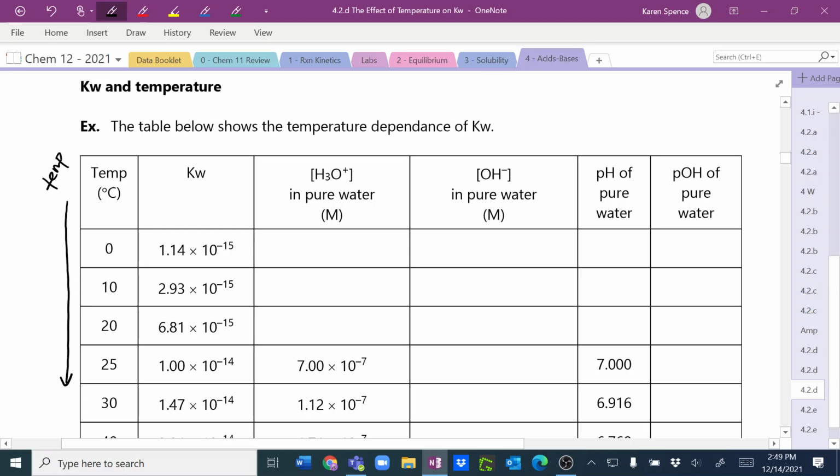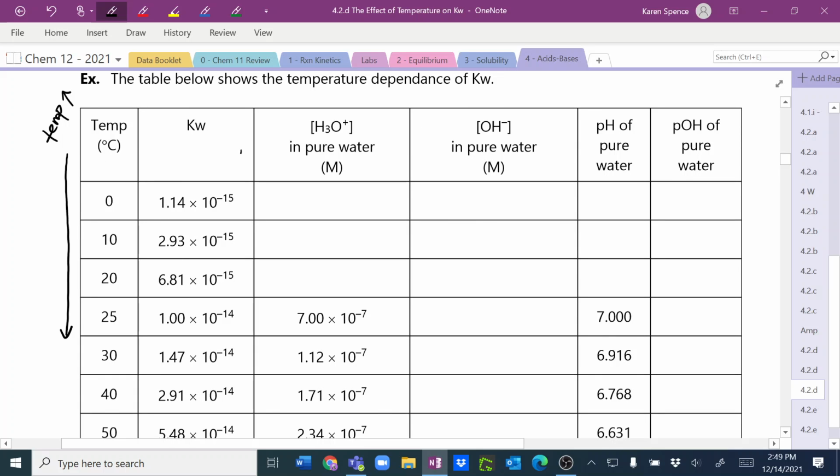Temperature is, everybody, increasing. Yes? What's happening to Kw as we go down the table? It's also getting bigger. So as temperature increases, the Kw is also increasing.